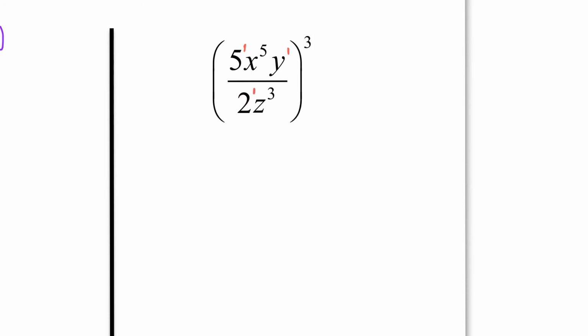This 2 has an invisible 1 exponent. So now you are going to distribute or multiply this 3, the exponent, times the 1 inside, this one, this one, this one, and this one for the z. All the exponents inside of the parentheses, you guys will multiply by the one outside. So I don't need the fraction anymore. I'm going to start with the base of 5, and I multiply 1 times 3. That's going to be 3, so there's the exponent of 3.